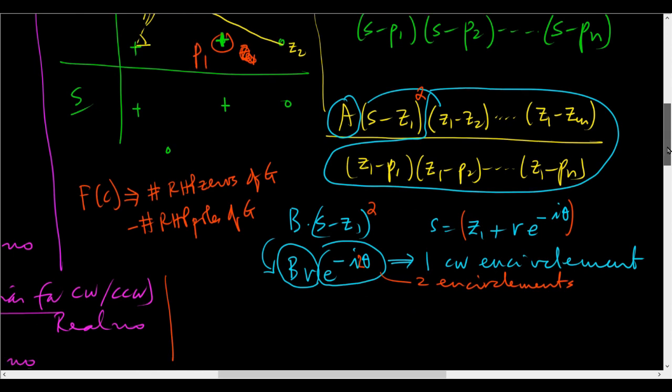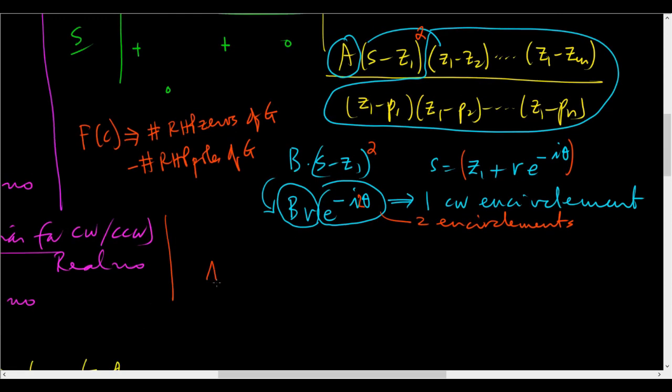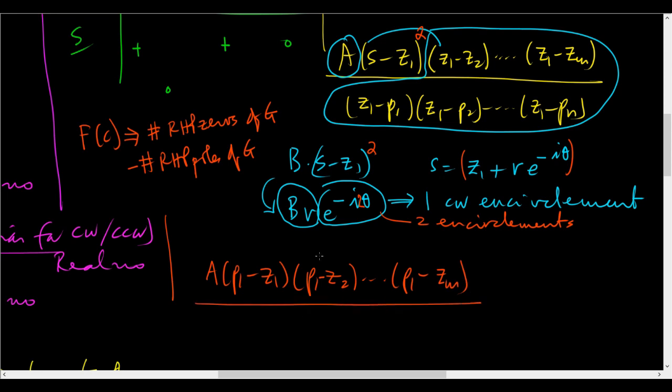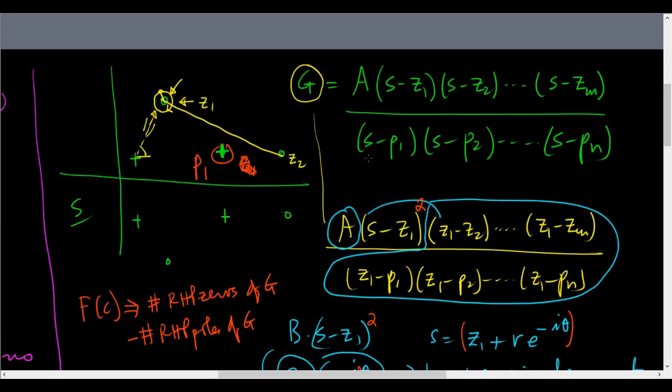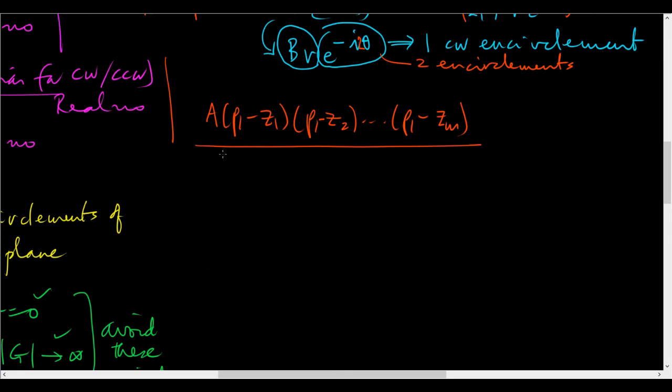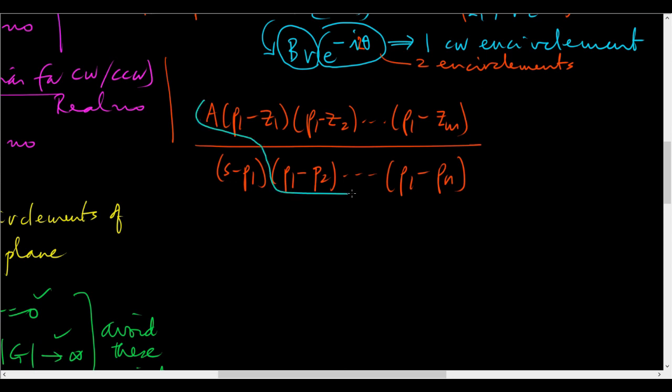In that case, we will have A times P1 minus Z1, P1 minus Z2, P1 minus Zm over here, from this term S minus P1, because its argument changes a lot, and then P1 minus P2, P1 minus Pn, and we will take all of this and call it some number b prime.